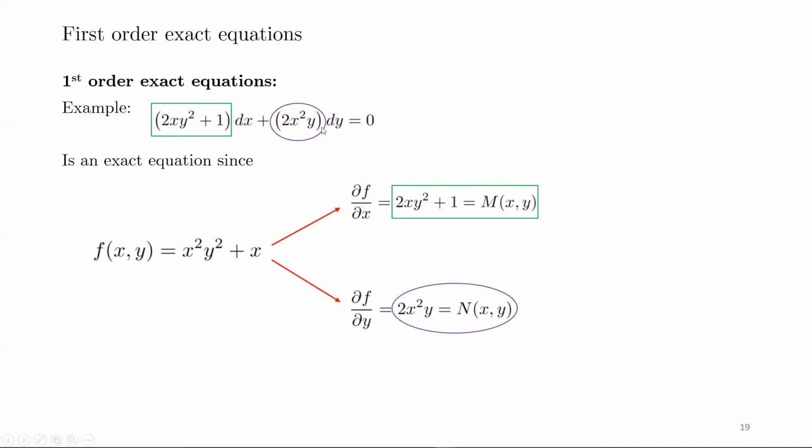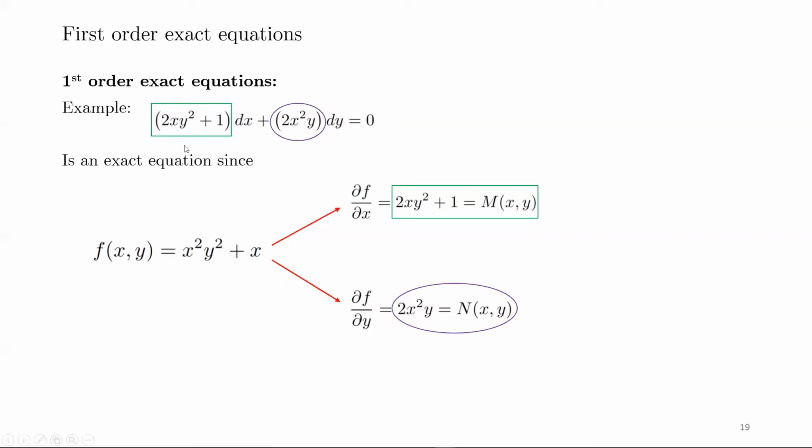This is exactly equal to the thing multiplying the dy in the ODE. So because I can find a function f whose two partial derivatives equal the two terms multiplying the differentials, I can say that this differential equation is an exact equation.